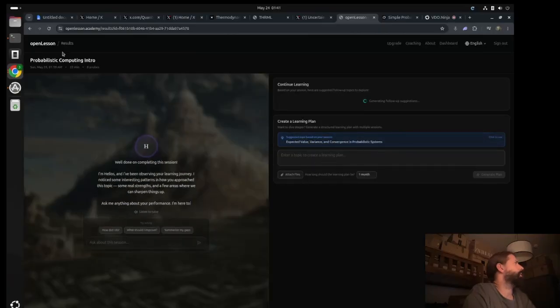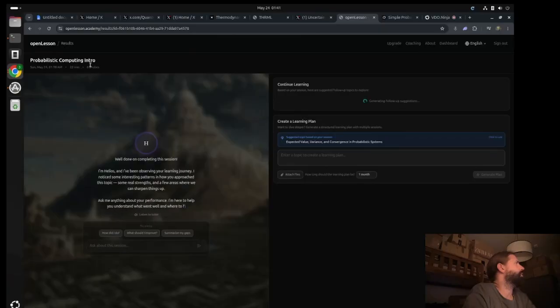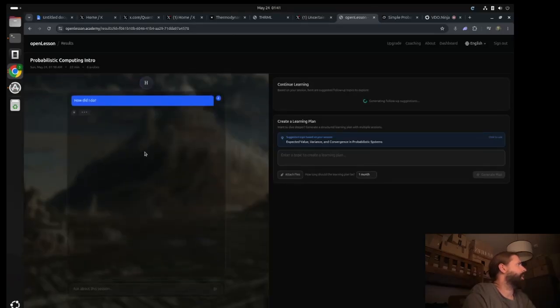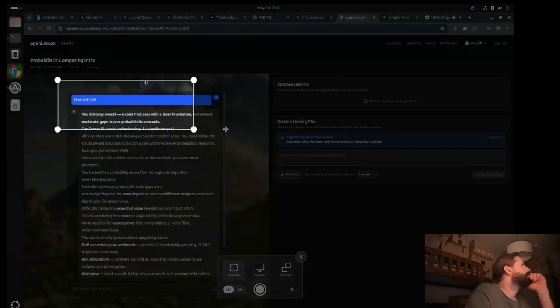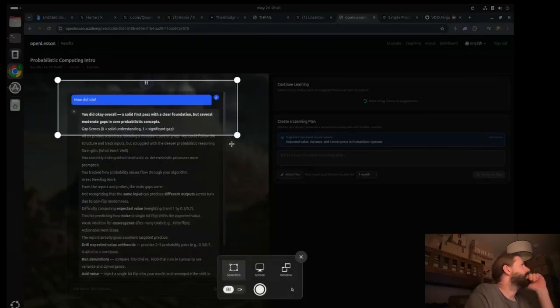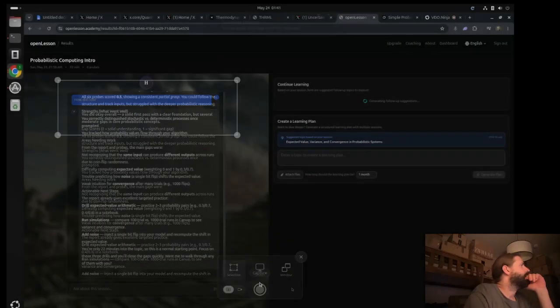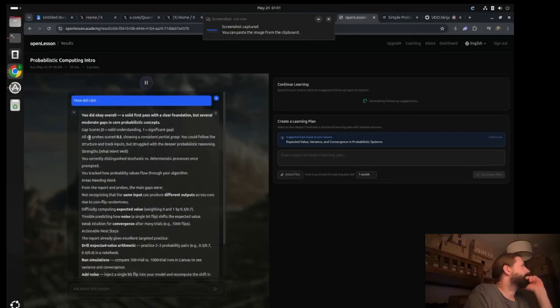We should go back to the plan. 22 minutes, 6 probes. Okay, how did I do? That's the cool thing. Okay, I need to change that to the white colors, this ugly blue. Okay, where did I have gaps?